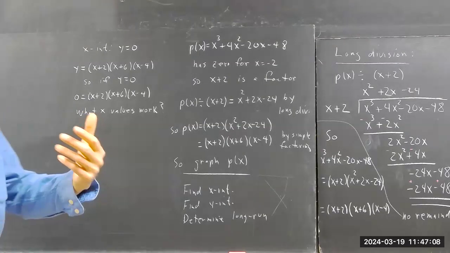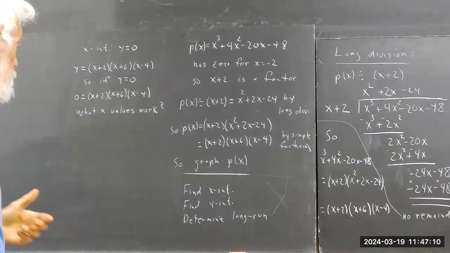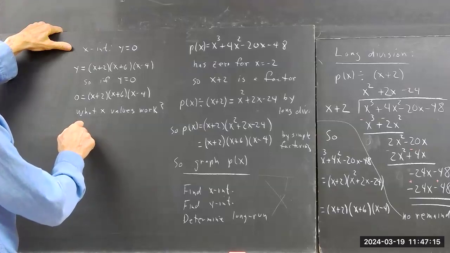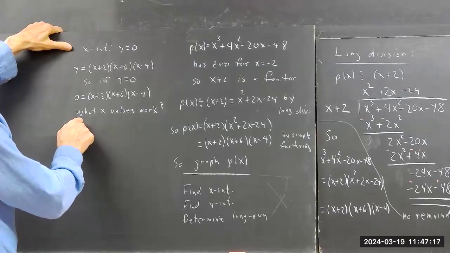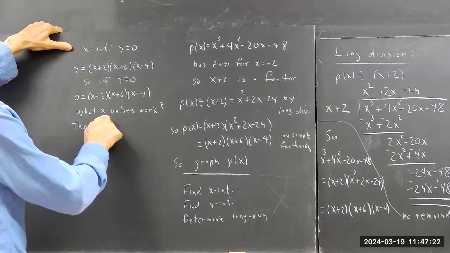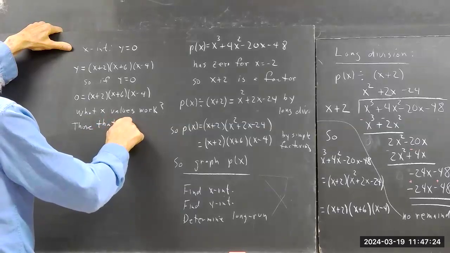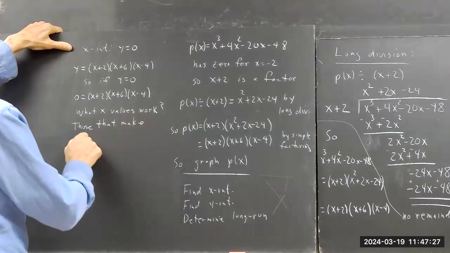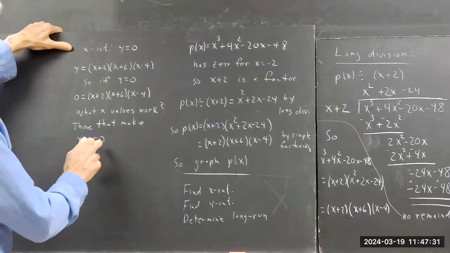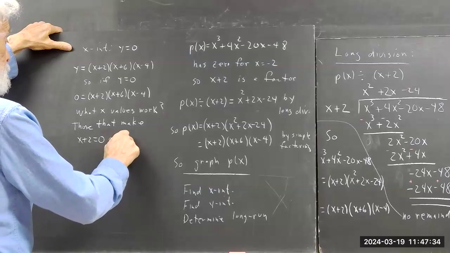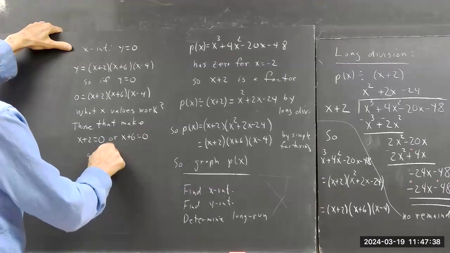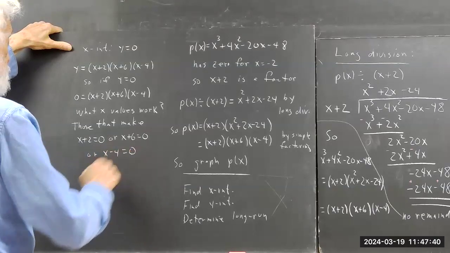Instead of just reading the x values off, those that make x plus 2 equals 0, or x plus 6 equals 0, or x minus 4 equals 0.